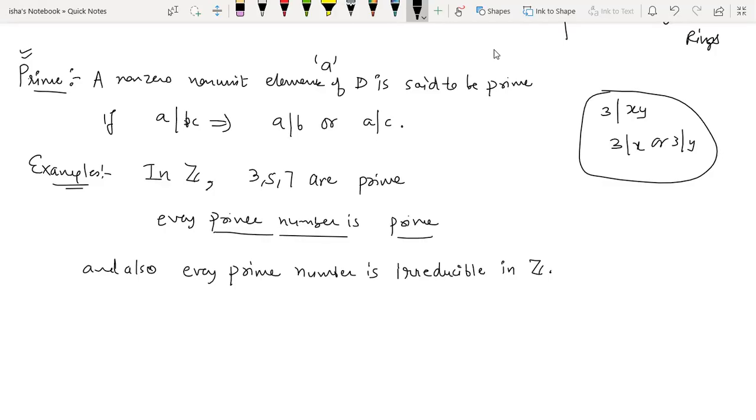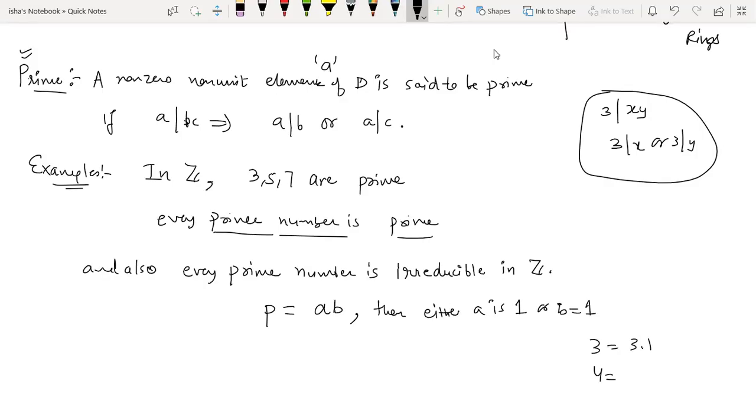Now, how are they irreducible? Because for any prime, if you try to write it as a product of two other factors, say A into B, then either A is 1 or B is 1. 3 can be written like 3 into 1. There is no other way, right?